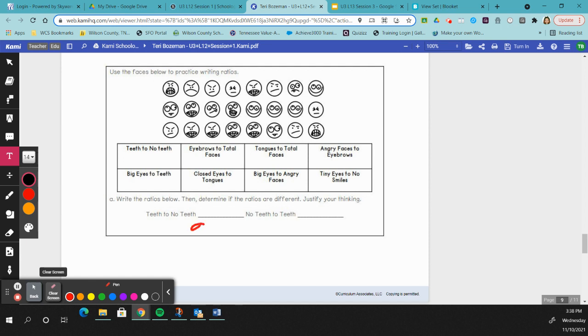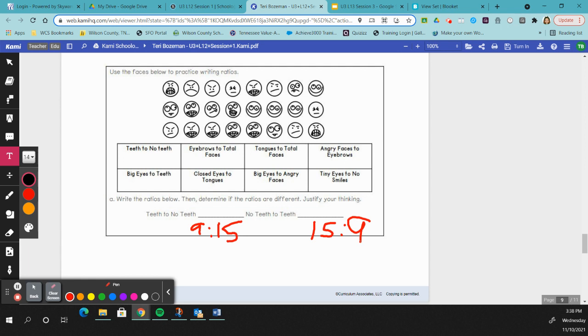So teeth to no teeth, we said that was 9 to 15. Now, if the comparison was no teeth to teeth, no teeth was 15, teeth is 9. They want you to determine if those ratios are different.